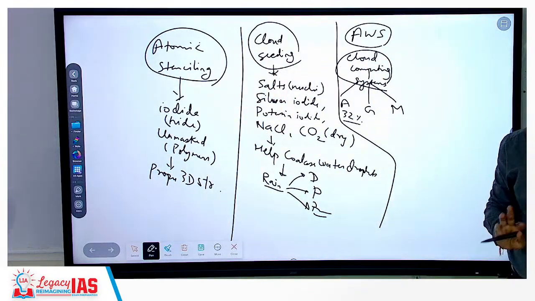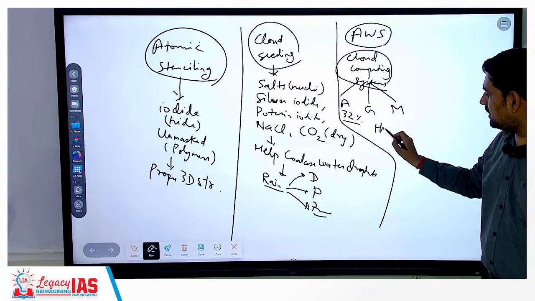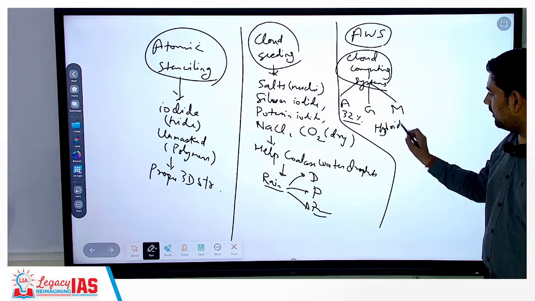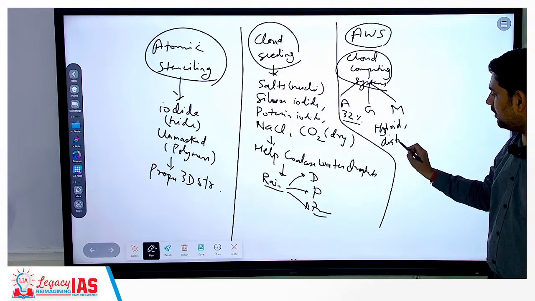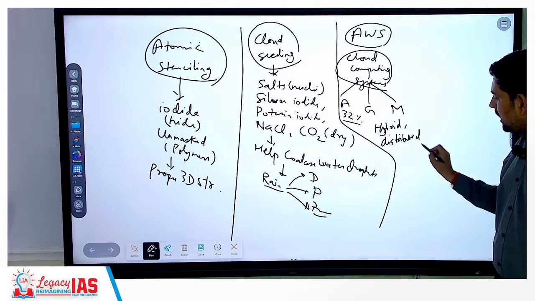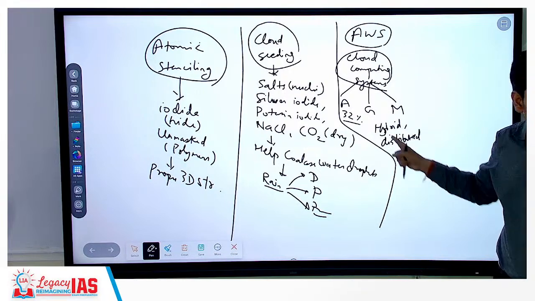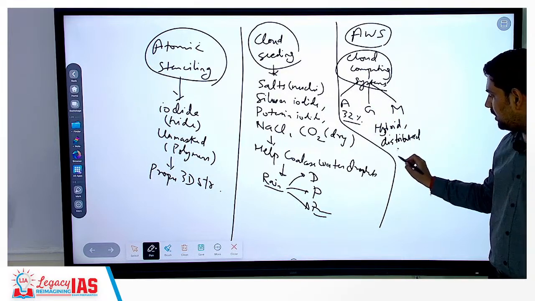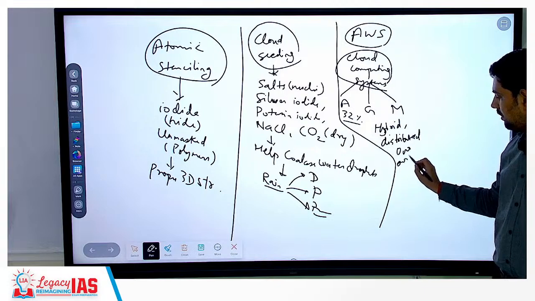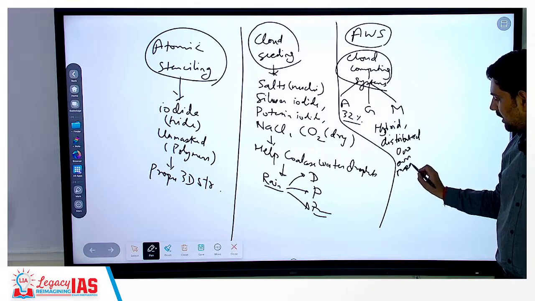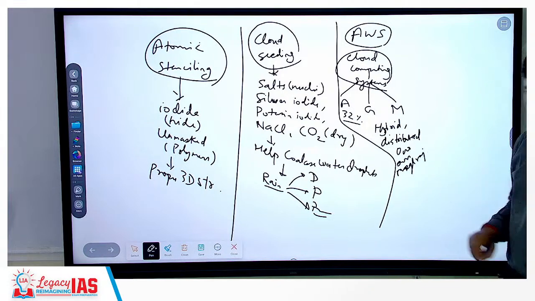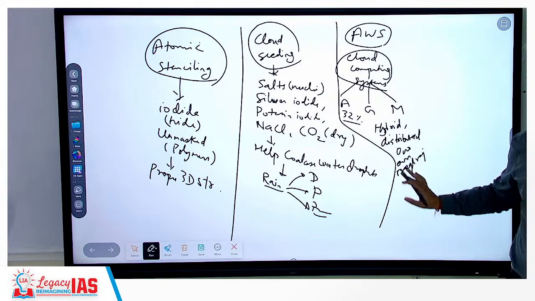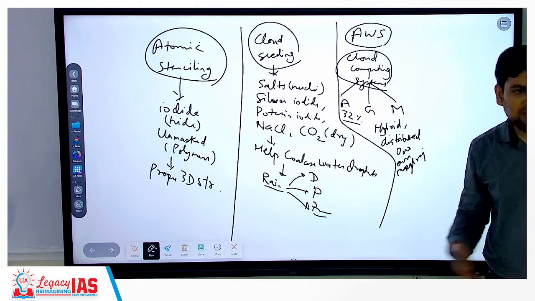So we should make our systems, first thing is hybrid, then distributed. Hybrid means some of the parts should be stored in our local systems, others distributed between these three, and the last is make our own. For example, Meghraj. So all these that we have made. So make our own for our own data storage and data centers.